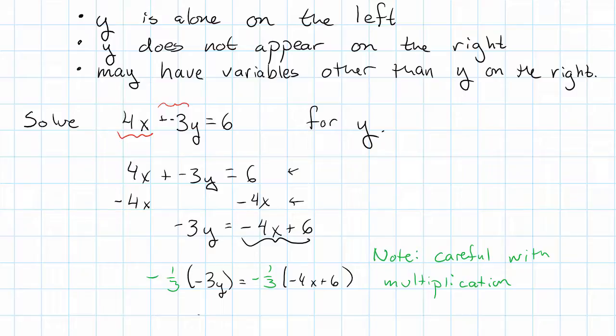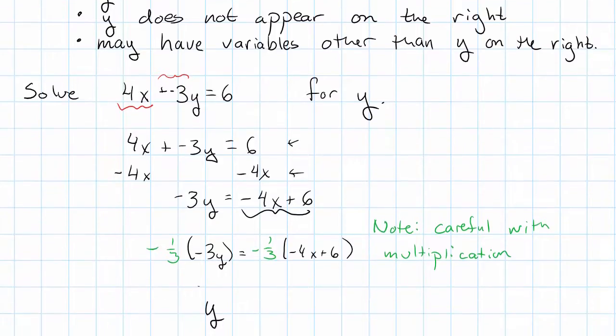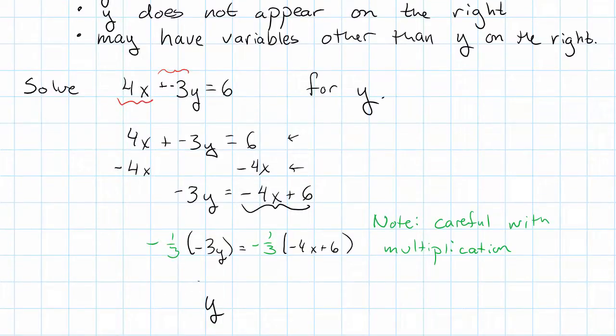On the left, of course, we'll just get y. On the right, because we have addition, we must distribute. And we get negative 1/3 times negative 4 is positive 4/3 x. Negative 1/3 times positive 6 is negative 2. We get y equals 4/3 x minus 2.